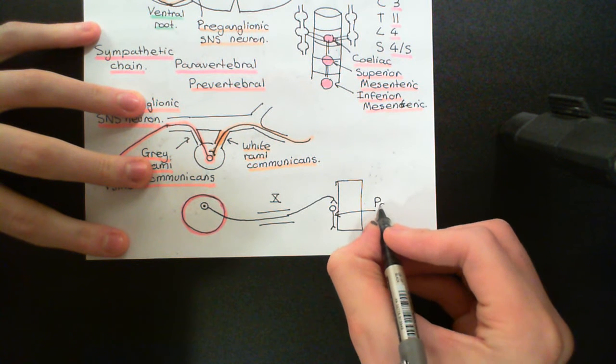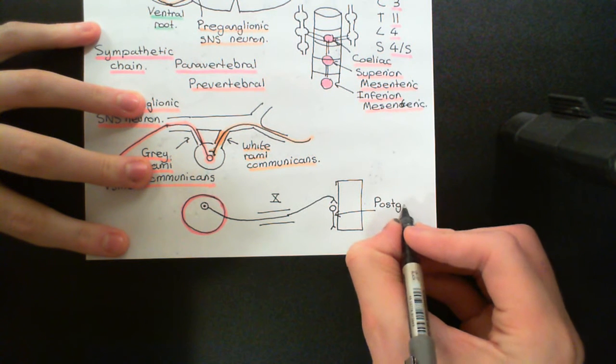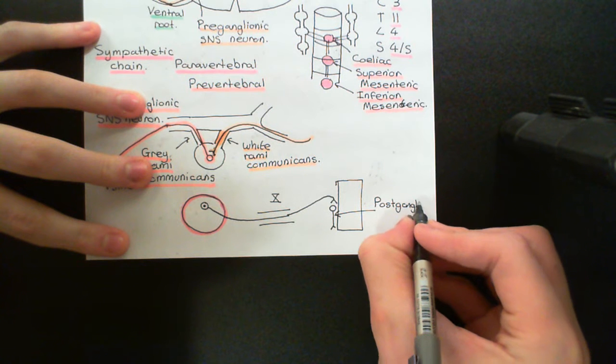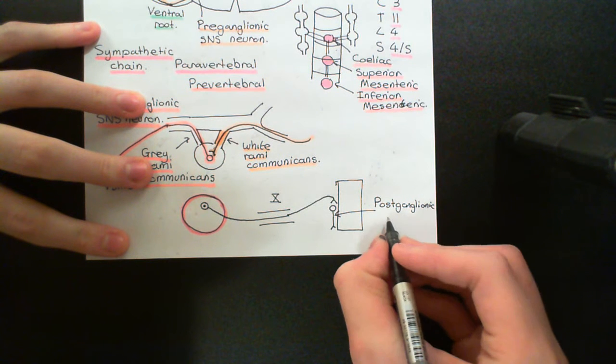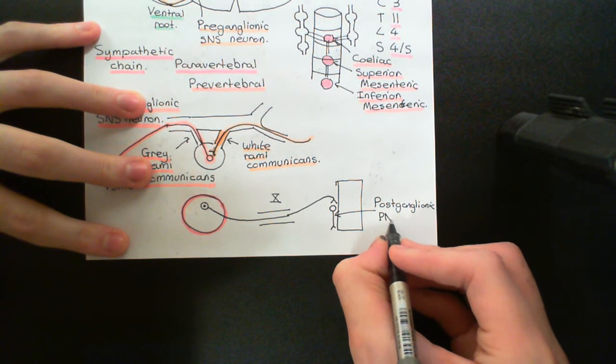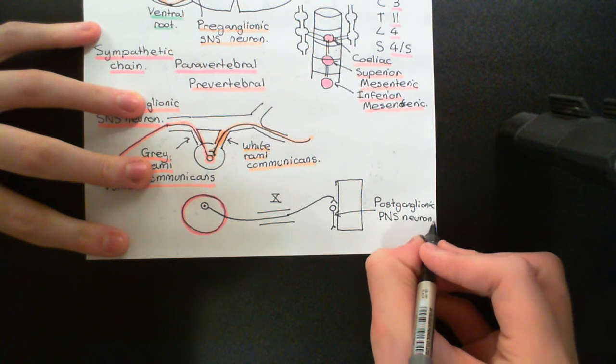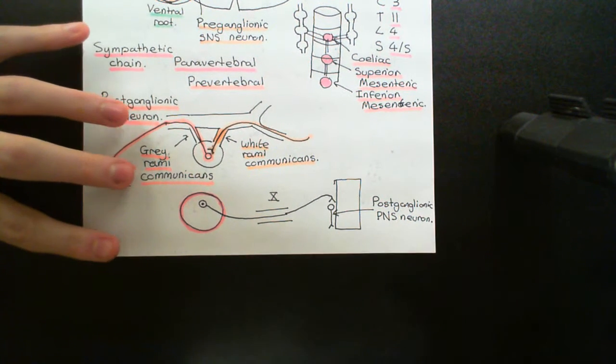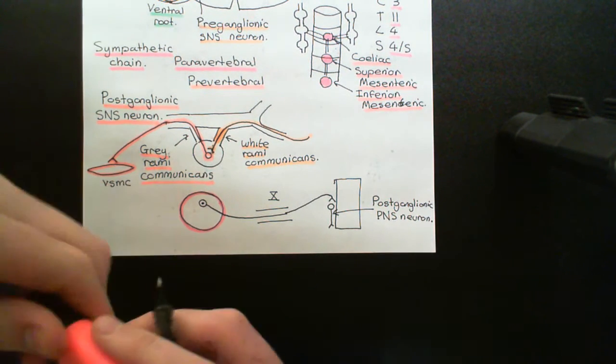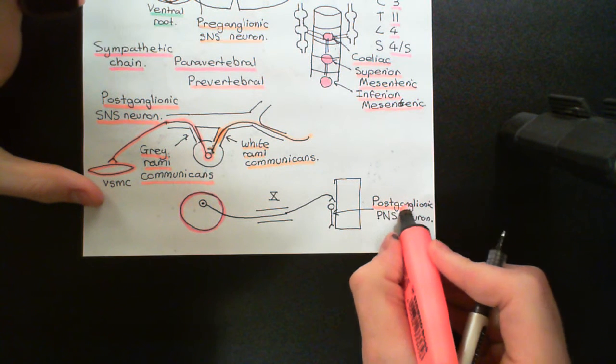This one is postganglionic, so I just want to now label up this picture to complete it. This is the postganglionic parasympathetic nervous system neuron, and this will have its cell body in a tiny little ganglia in the wall of the heart. I'll colour this one in red here.